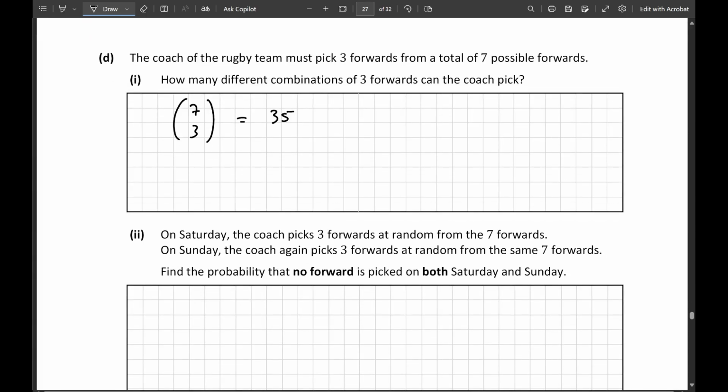Oh, my back's getting really sore. On Saturday, the coach picks 3 forwards at random from the 7 forwards. On Sunday, the coach picks 3 forwards again from the same 7. Find the probability that no forward is picked on both Saturday and Sunday.